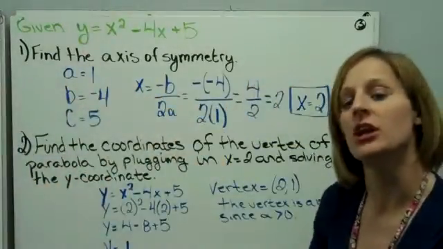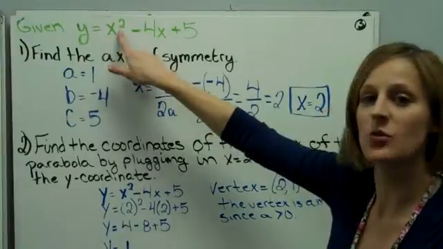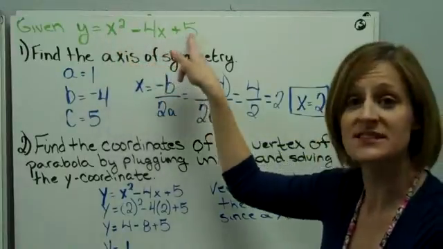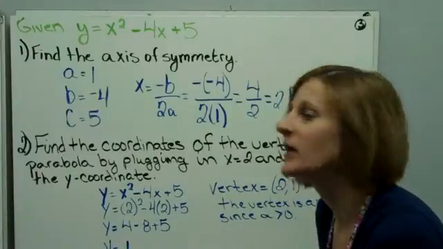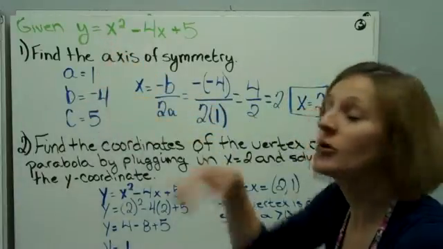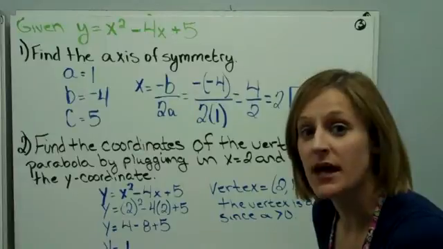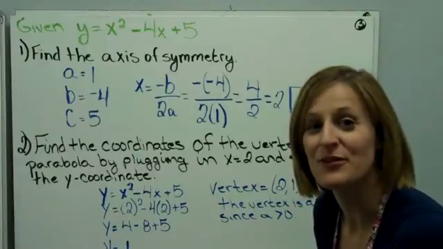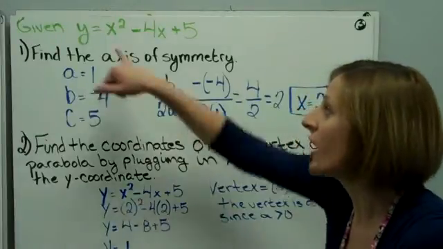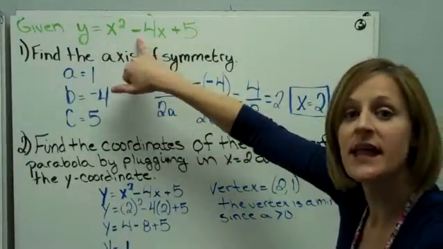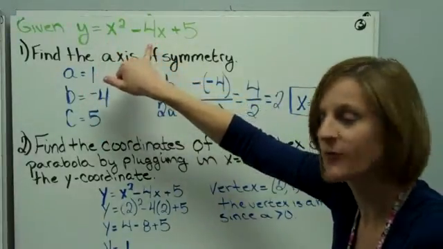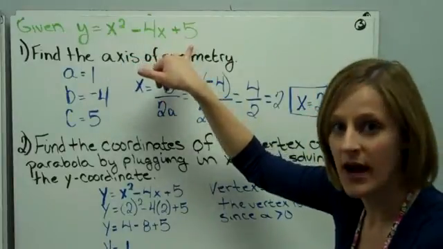Now when you're given an equation, y equals x squared minus 4x plus 5, and I want to find the axis of symmetry: in the form y equals ax squared plus bx plus c, your a is 1, your b is negative 4, since it's minus 4, and your c is the 5.